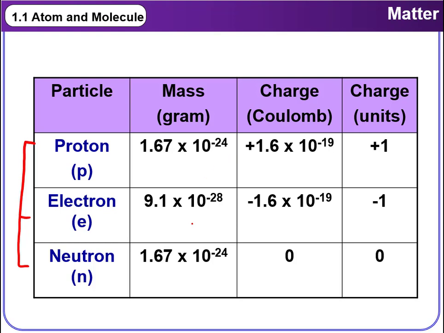Here we can see electron has the lowest mass in gram, it is negative 28 power, compared to proton and neutron. Neutron is neutral, while for proton the charge unit is +1, electron is -1. This is the charge in coulomb.